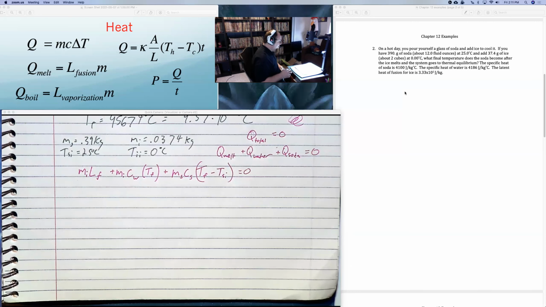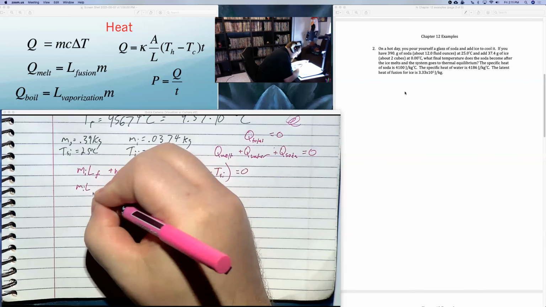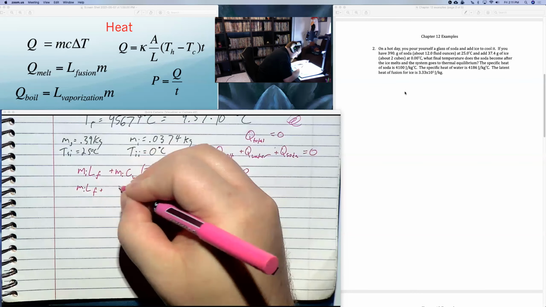Just like last time, I want myself a T final. I got 2 of them, so just like last time, I'm going to factor it out. I have 2 T final terms, so I'm going to take everything else and move it to the other side.